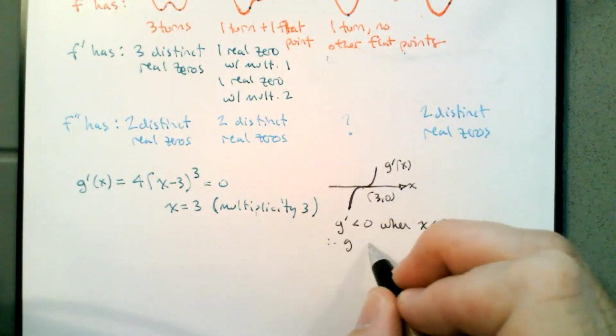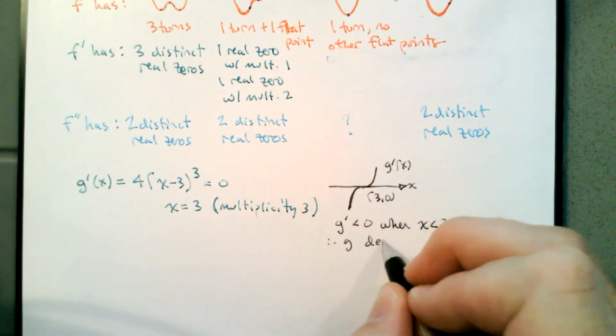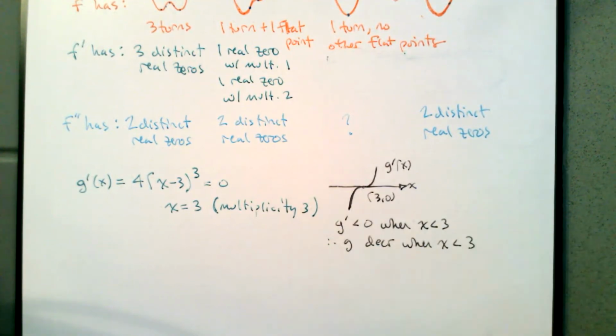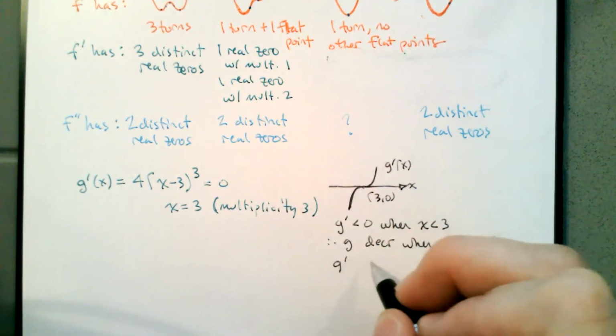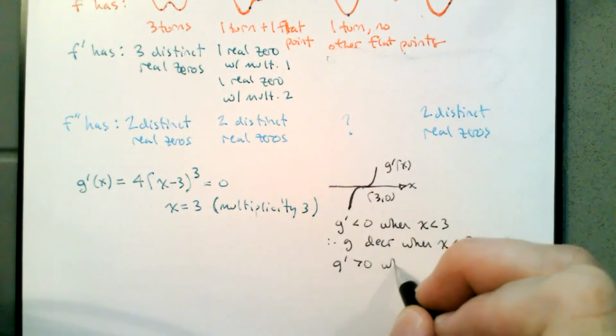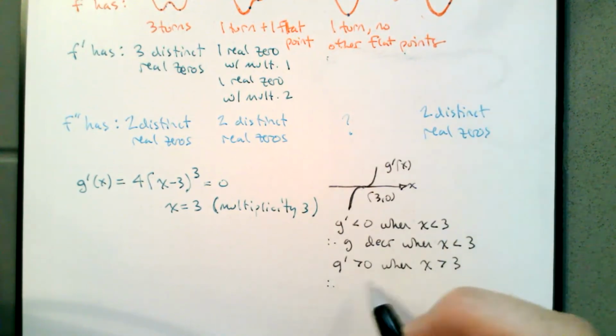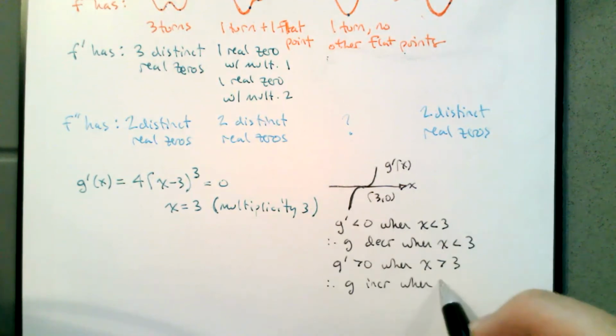So g is decreasing when x is less than 3. G prime is positive when x is greater than 3. So g is increasing when x is greater than 3.